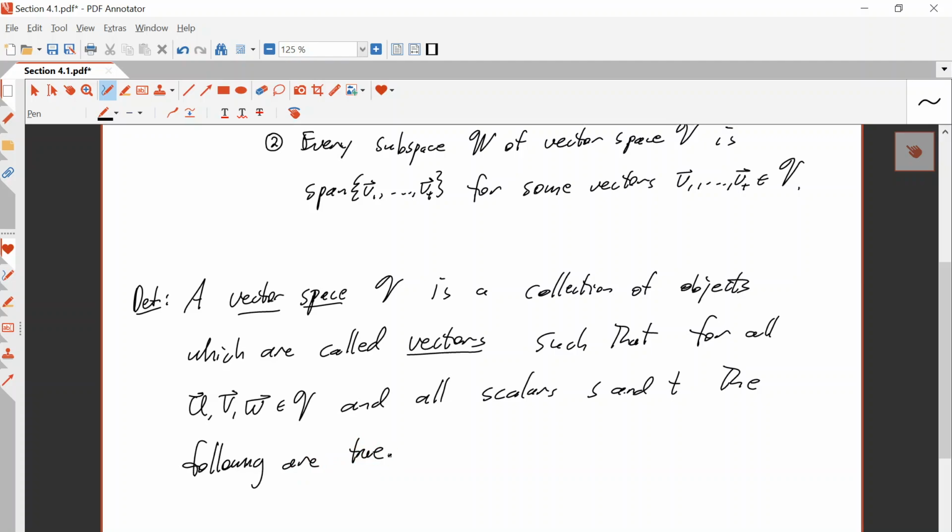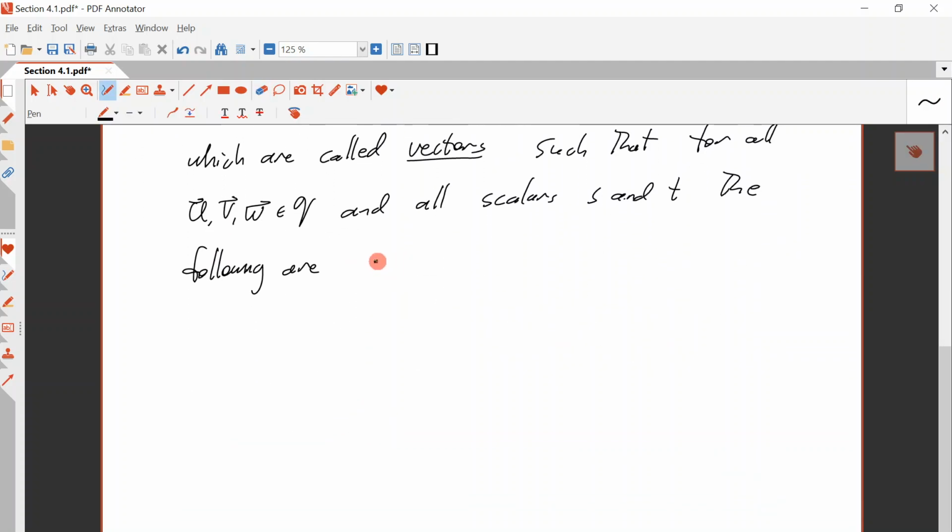And there's nine axioms. 1, for every u and v in V, u plus v is still in V. So when you add together vectors, they're still vectors.